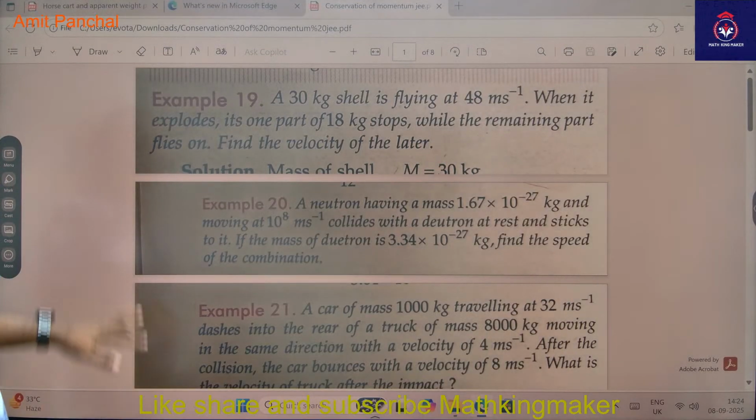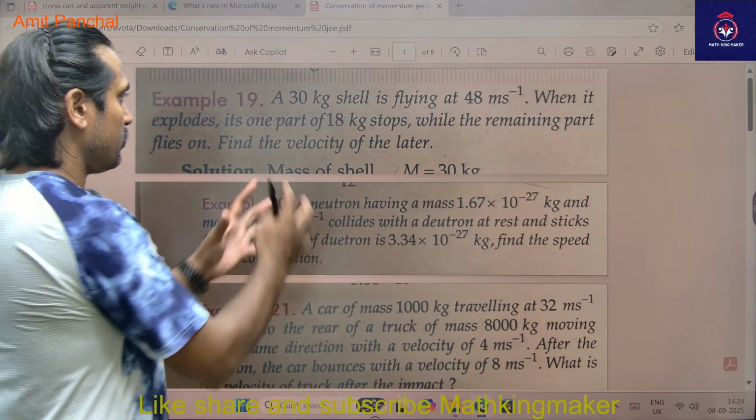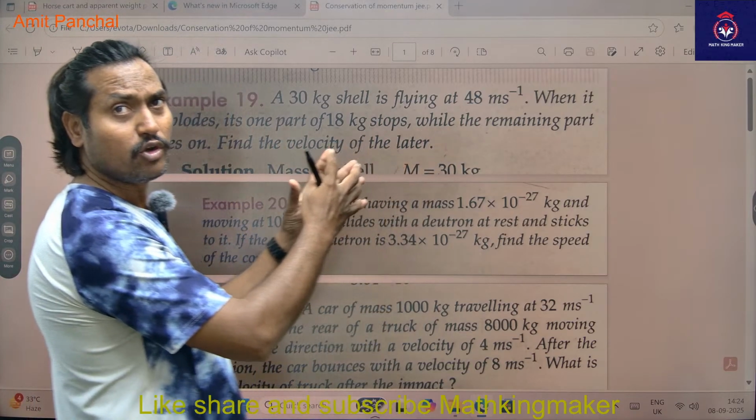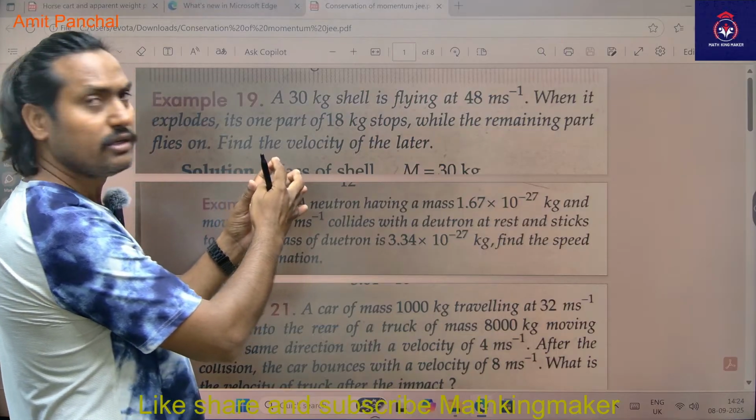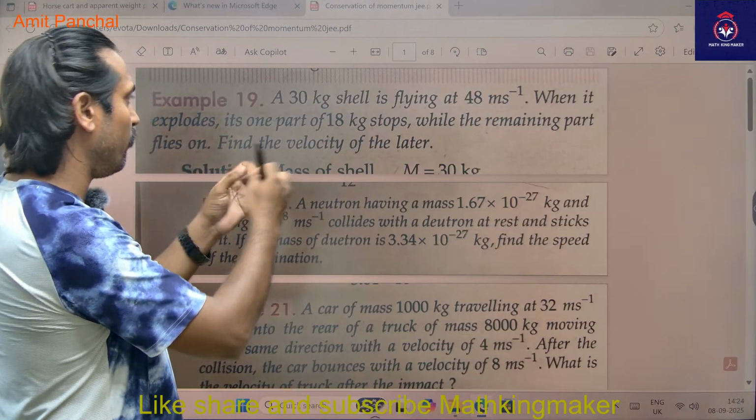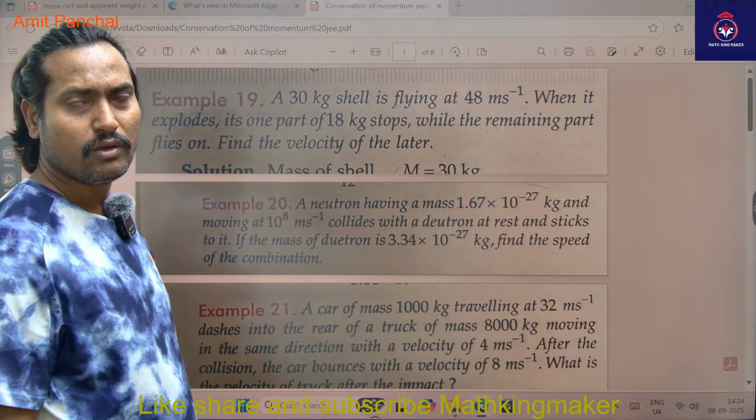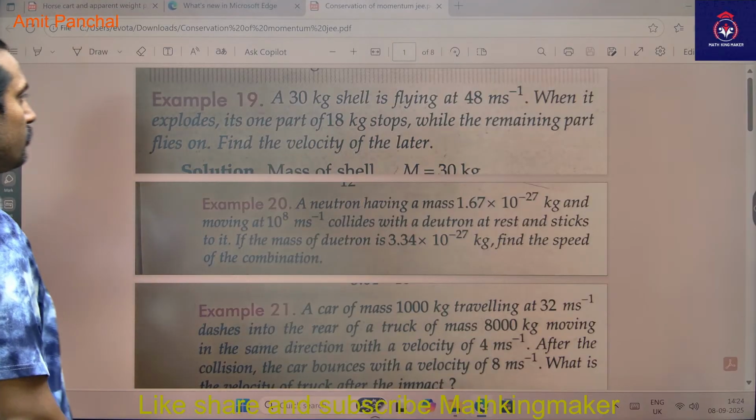This is a question. A 30 kg shell is flying at 48 meters per second. When it explodes, explode means parts of that shell are moving.